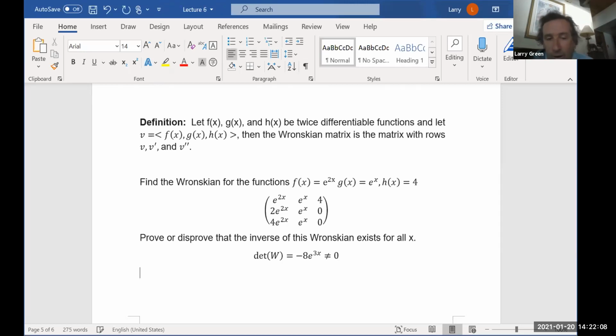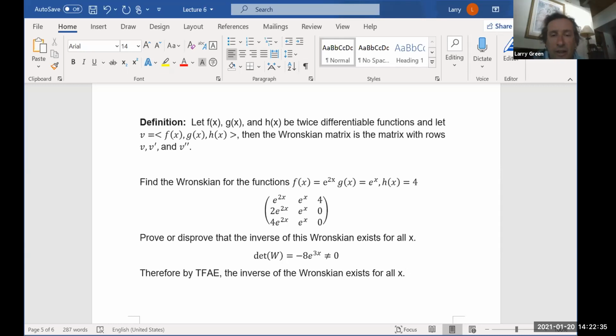So therefore, by TFAE, always cite the theorem you're using, the inverse of the Wronskian exists for all x. Any questions on that?